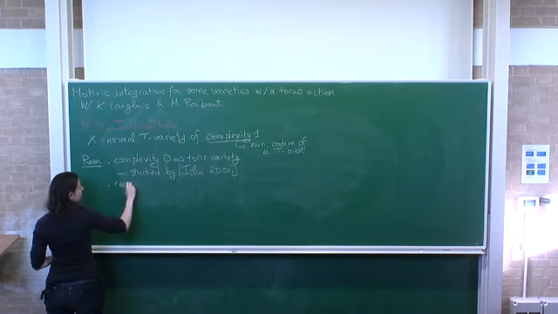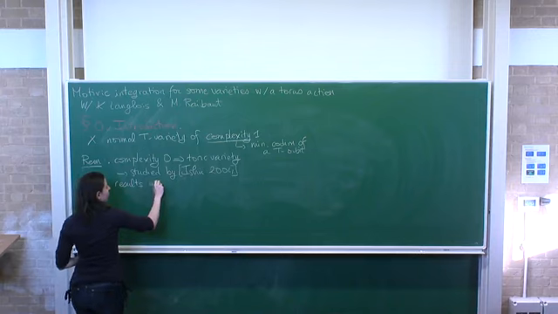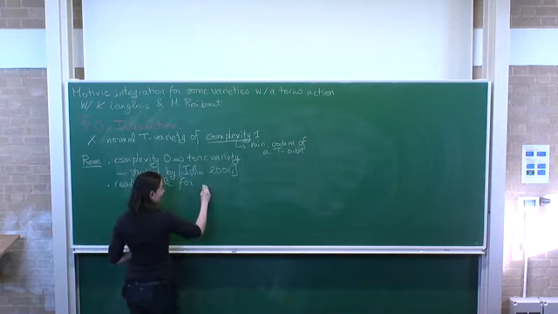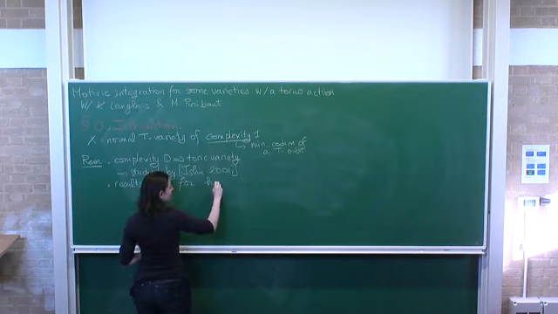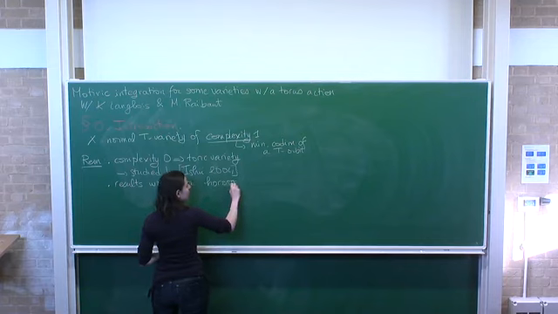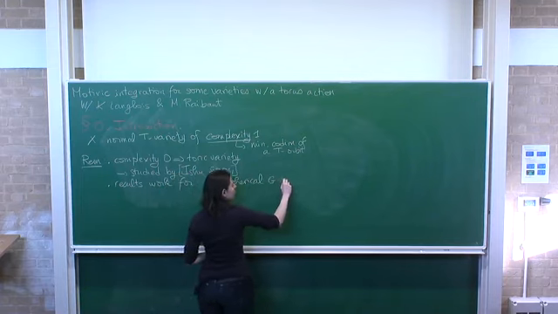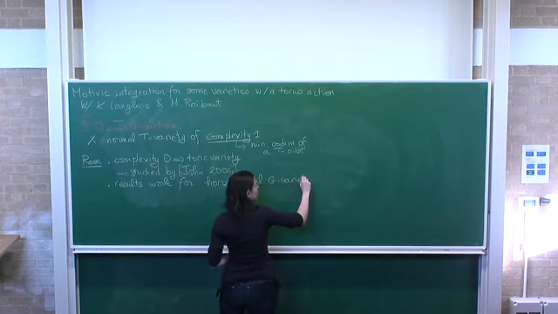The results work for horospherical G varieties of complexity 1.